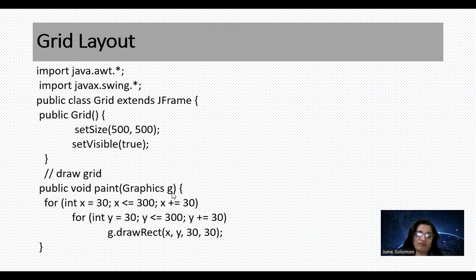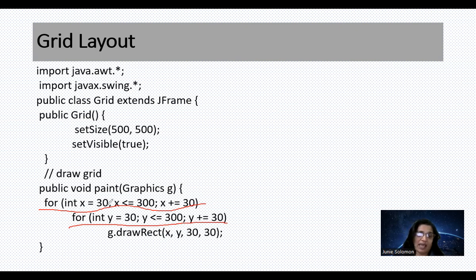I use Graphics. For that, I use two loops, a nested loop, since it is in rows and columns. The first loop signifies your rows, how many rows. The second loop signifies, for each row, how many columns. These signify the X position and the Y position.